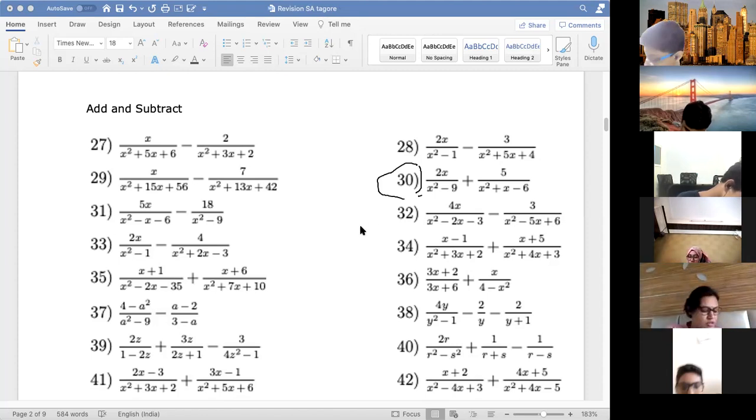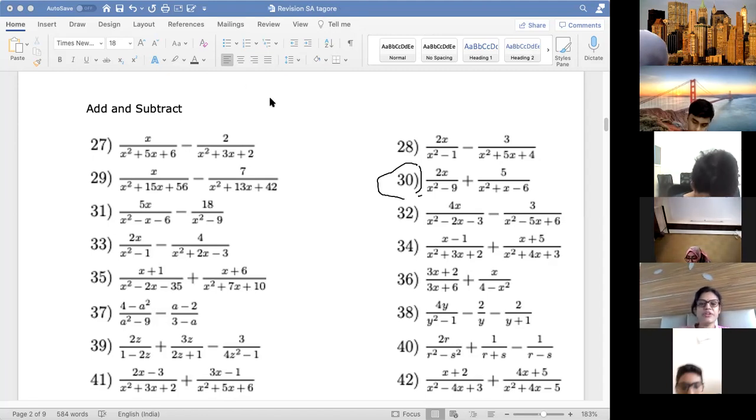I'll write the answer over here. Just check your answer. Anyone has got the numerator? LCM I'm writing over here. Those who are doing, just check your LCM.